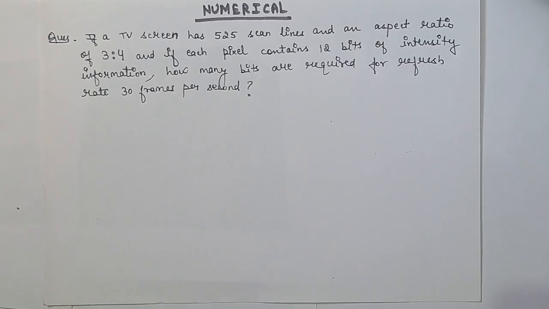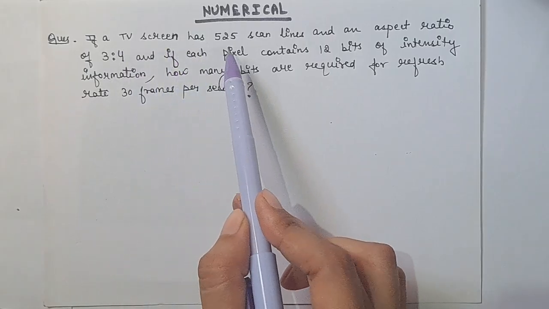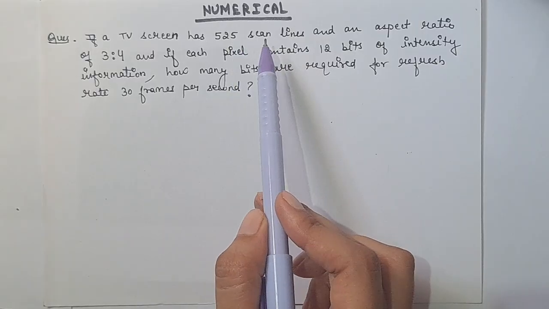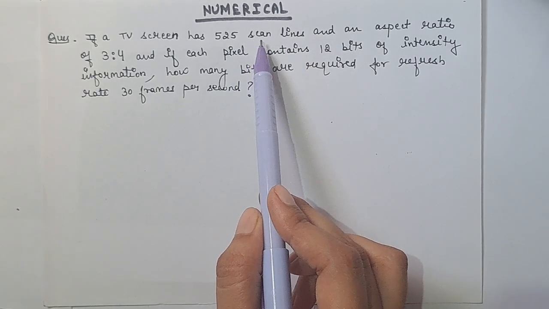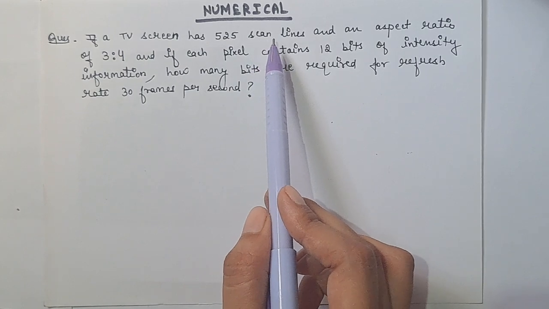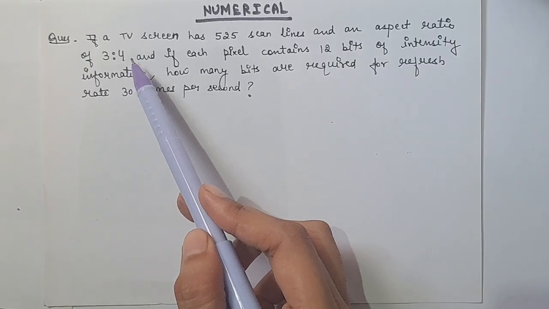So in this video we will cover first the numerical and then we will move forward towards the display devices, in which we will cover the cathode ray tube. So let's get started. A numerical is given to us that if a TV screen has 525 scan lines. The scan line here refers to the vertical resolution, and we are given an aspect ratio of 3:4.